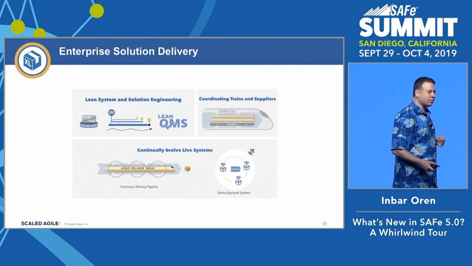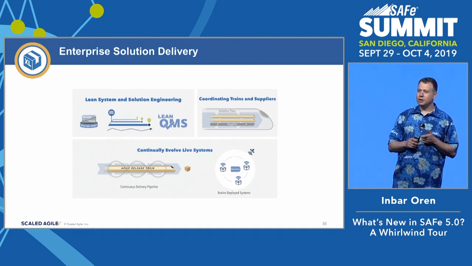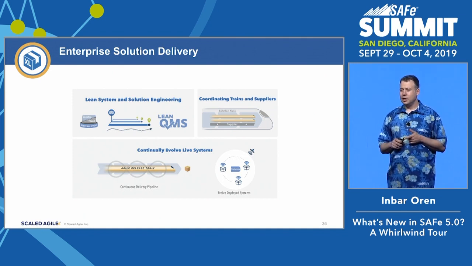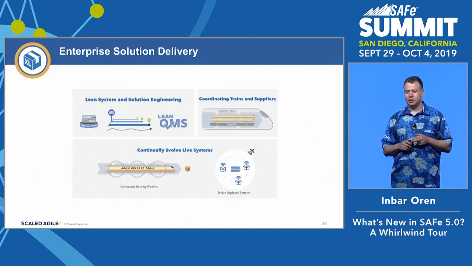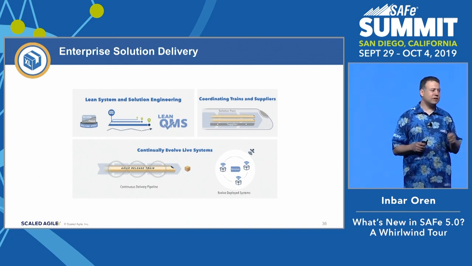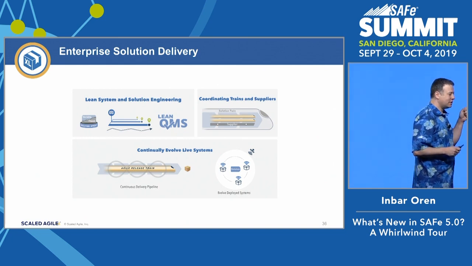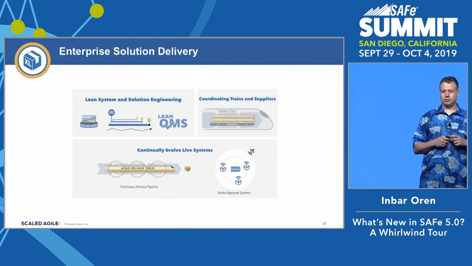But in order to do that, we need to remember that we have to align between a lot of trains. We need to work with suppliers and manage the entire supply chain. And we need to reinforce the importance of system and solution engineering.